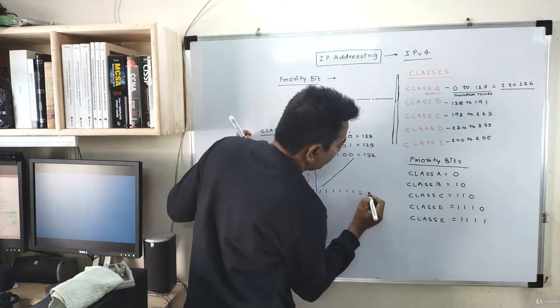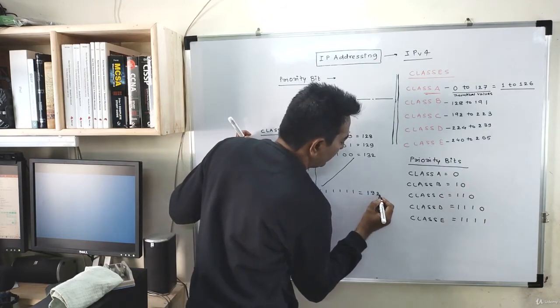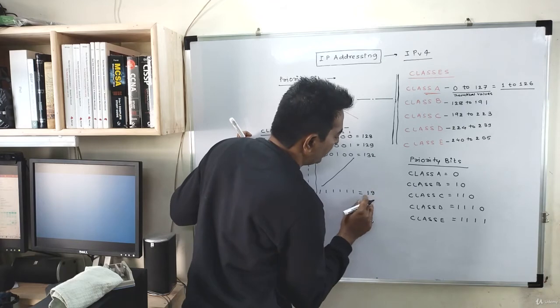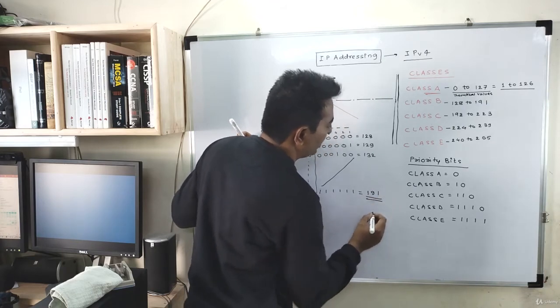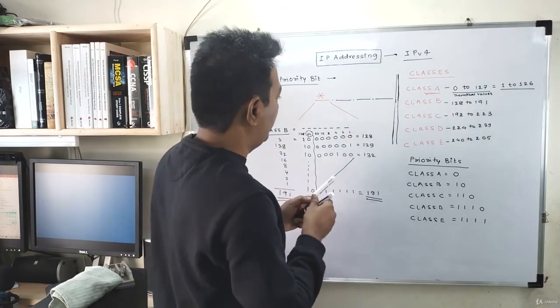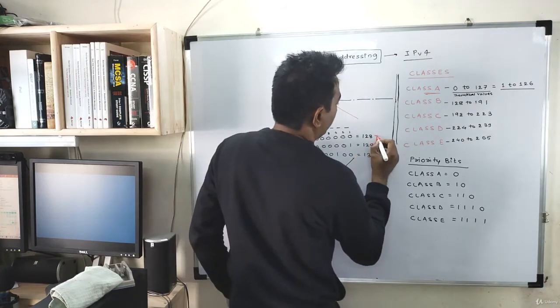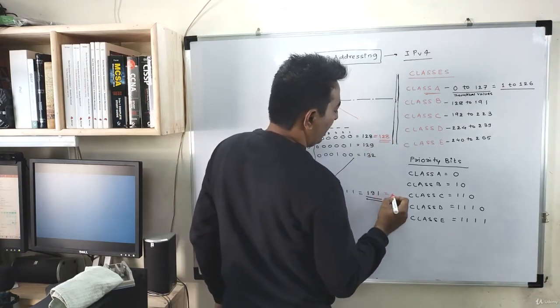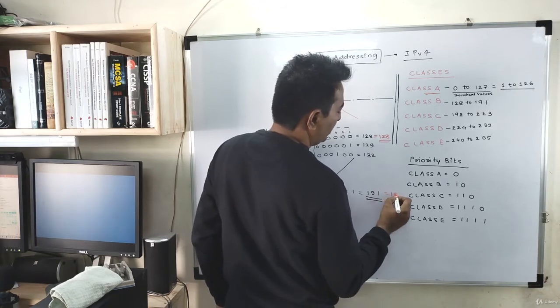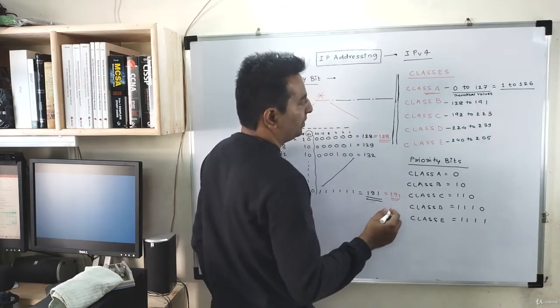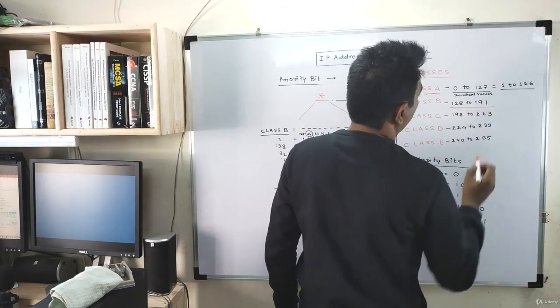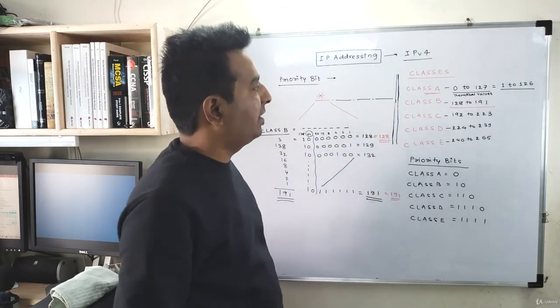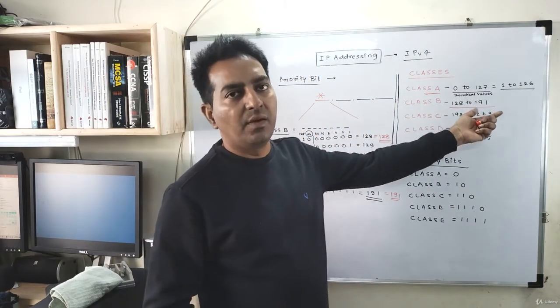So the last value of this particular class is going to be 191. So that's the reason, friends, the class B starts at 128 and the last value is 191. So the range for class B is 128 to 191.